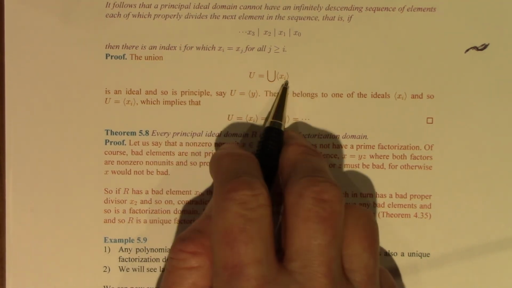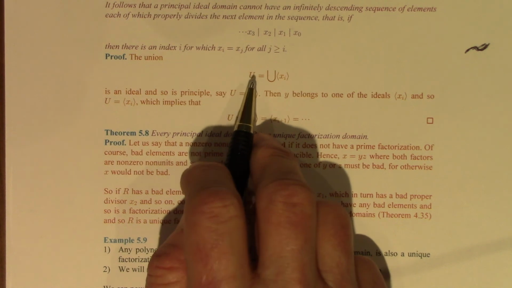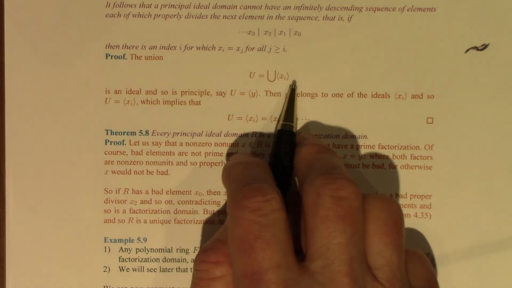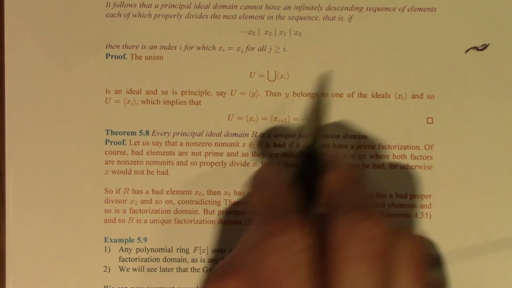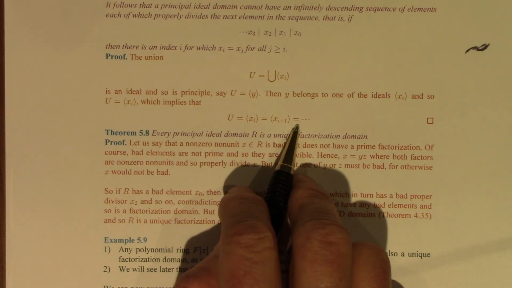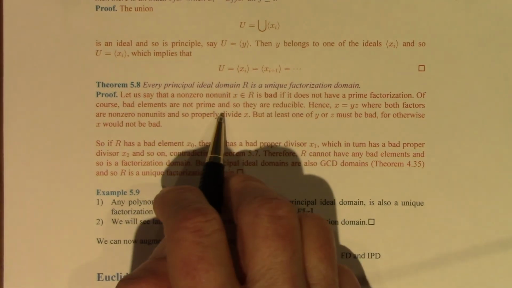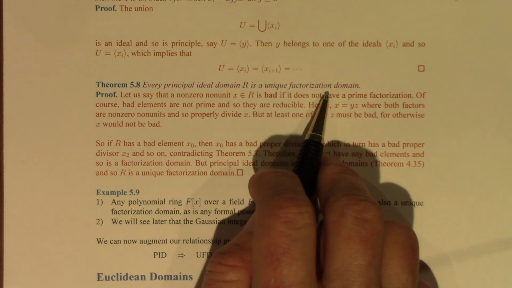Now, y has to belong to one of these ideals, and once y is in one of these ideals, call it u, from then on you're not getting any bigger than the union, so all of the ideals after that are equal to u. This fact makes it relatively easy to prove that a principal ideal domain is a unique factorization domain.